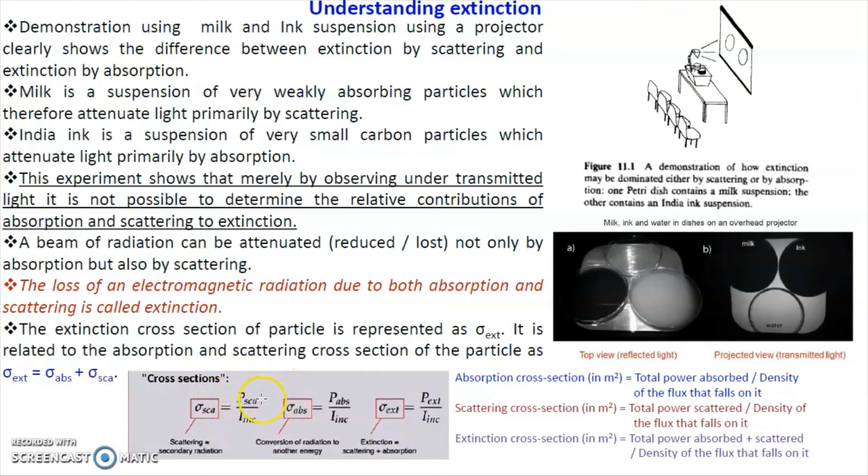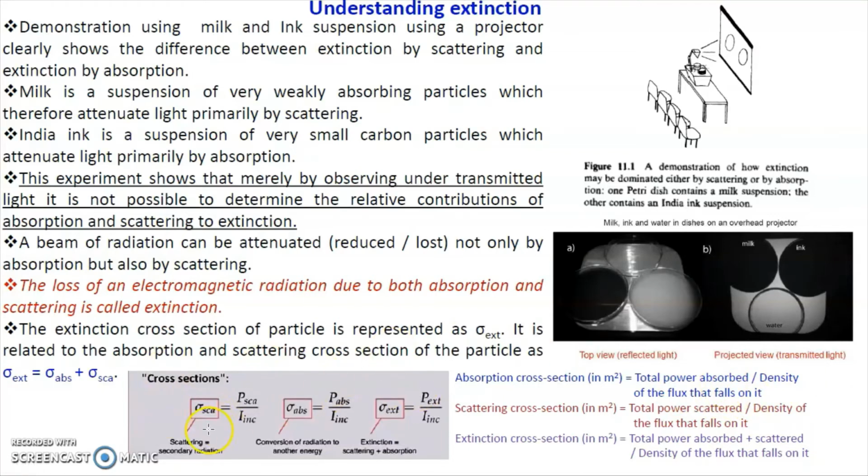If we measure that, then what you get is the sigma scattering. Similarly, you can calculate the sigma absorption, which is equal to P absorption divided by I incident. That is, the absorption cross section is equal to the total power absorbed by the particles, divided by the density of the flux that falls on it.